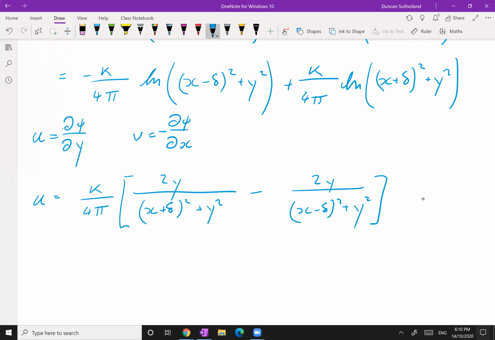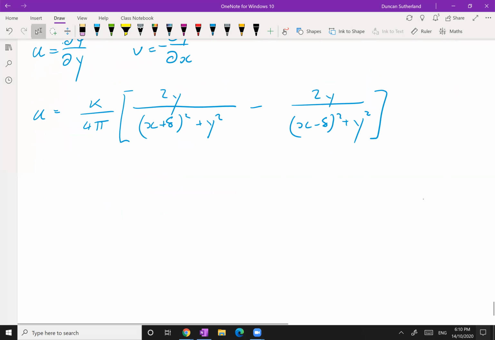You can see very quickly that at the centers of each of these vortices, say x equals delta, y equals 0, the u is 0, because y is 0. That's pretty obvious.